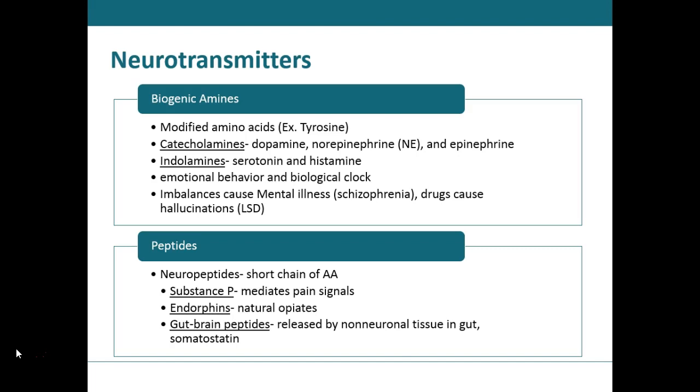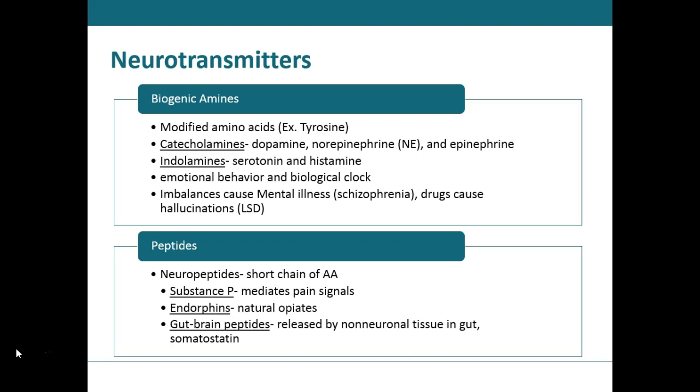Peptides are short-chain amino acids. Some of them include neurotransmitters that help to mediate pain signals, such as substance P, which enhances the perception of pain. Endorphins are our natural opiates, so they inhibit pain by blocking the release of substance P. They were also thought to have a role in memory and learning, sexual activity, and control of body temperature, as well as mental illness.